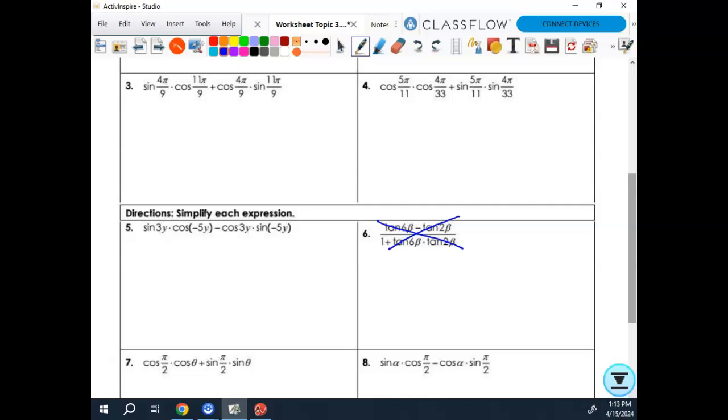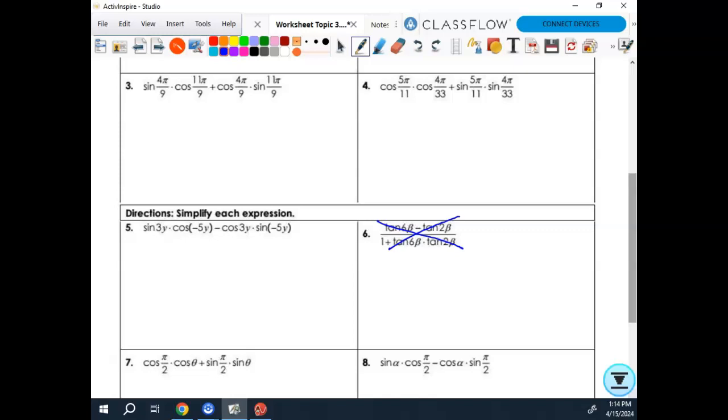All right, so when I look at number 3, I have this all written out. Looks like one of the sum or difference identities, right? And if I knew the sine of 4 pi ninths, then I would put that number in there, just like I did for the sine of pi halves on the other one we just looked at. But I don't know those, okay? That's not something you're expected to know.